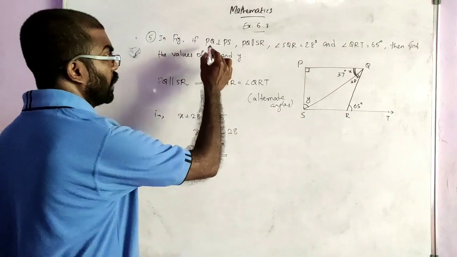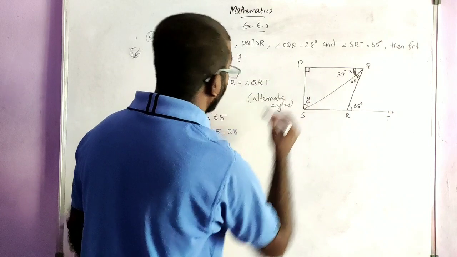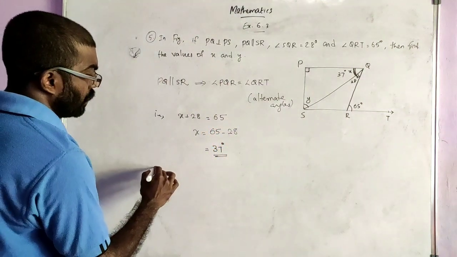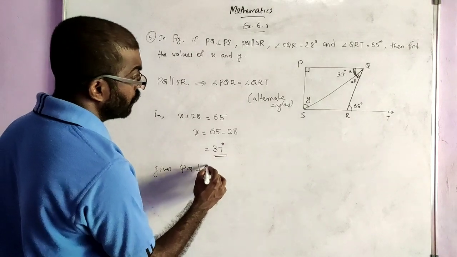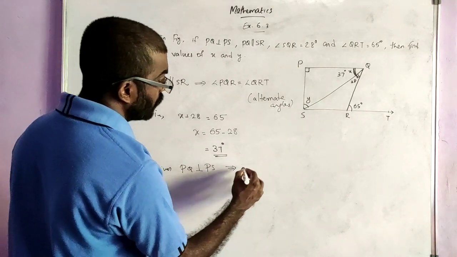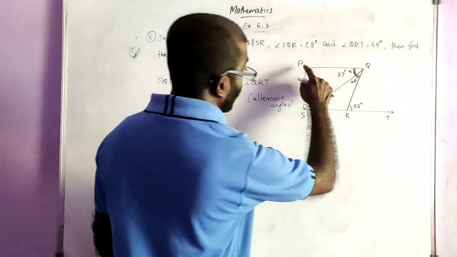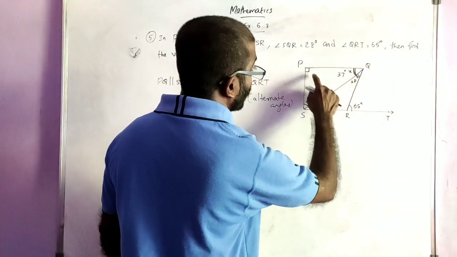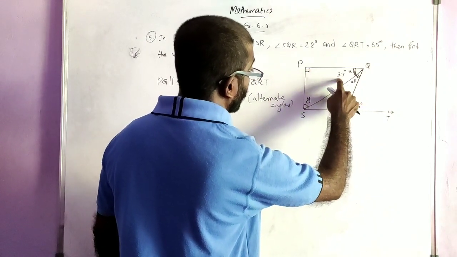Now one more thing is given, PQ is perpendicular to PS. So given PQ perpendicular to PS, it implies angle P is equal to 90 degrees. So now in triangle PQS, we know two angles. One is 90 degrees and the other one is 37 degrees.